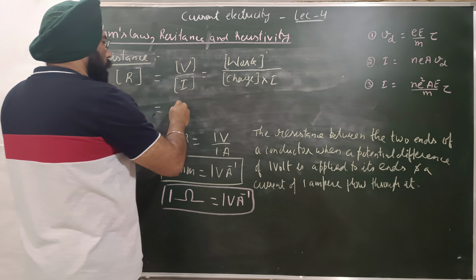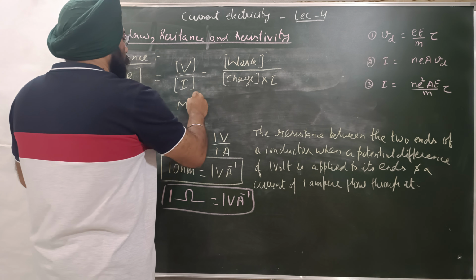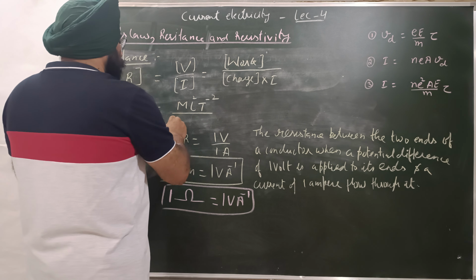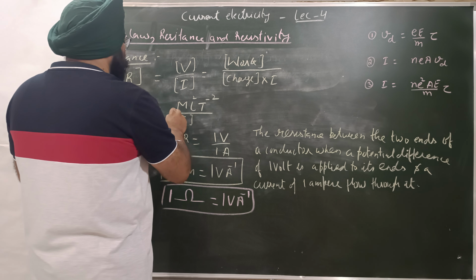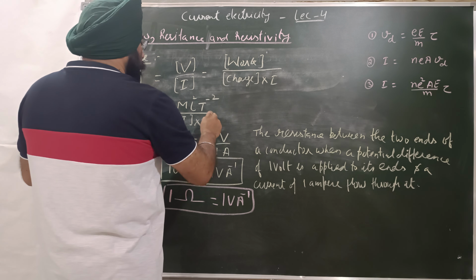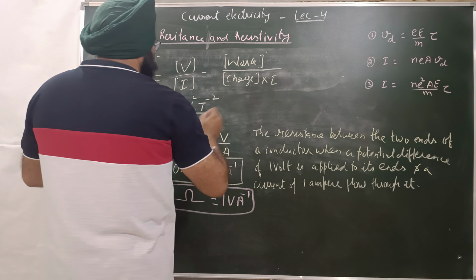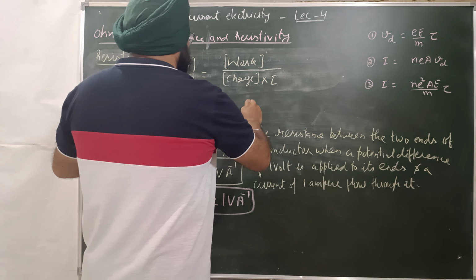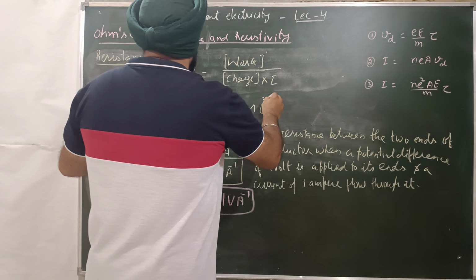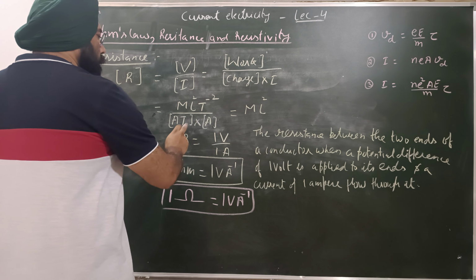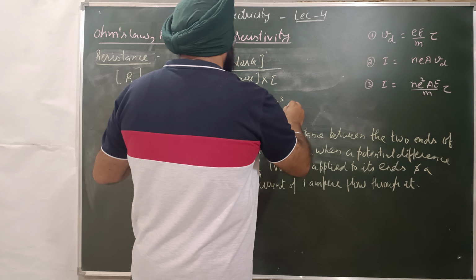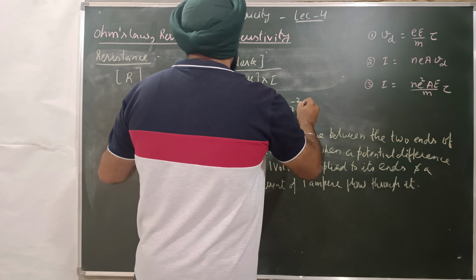Now the dimensions of work are M L square T raised to power minus 2, over charge, which is AT, and current is A. So from here we get the dimensions M L square T raised to power minus 3 A raised to power minus 2.